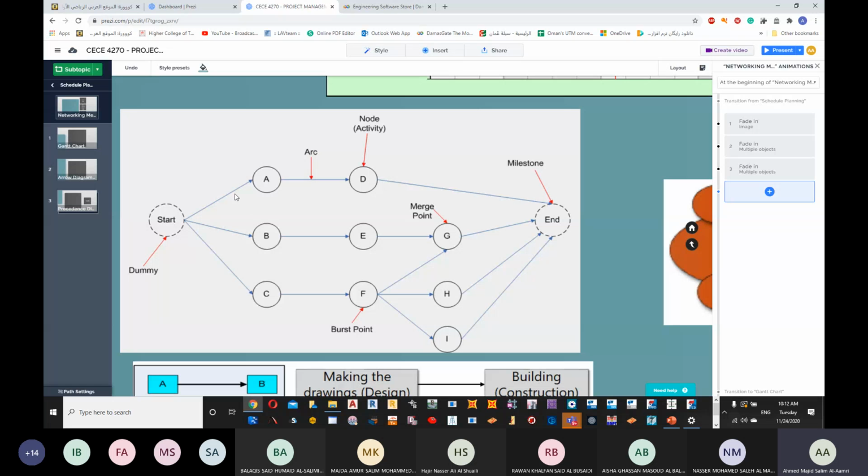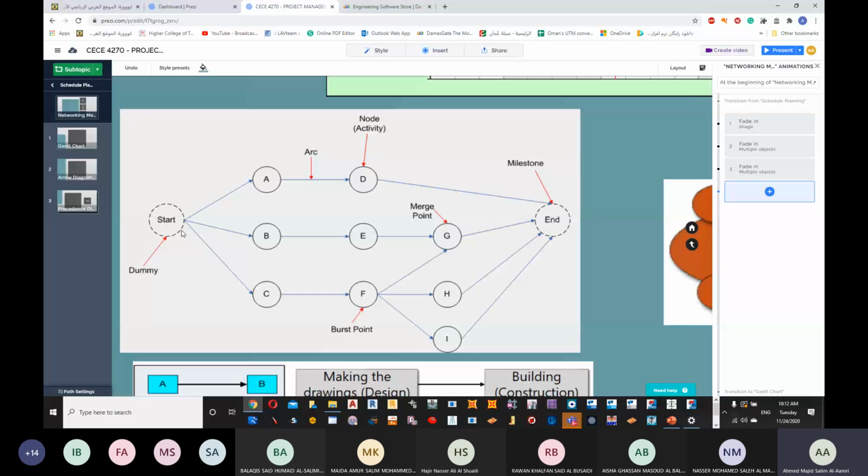So the ADM came and showed the relationships. In the Gantt chart, we said it's very hard for me to find the critical path. So in the ADM, it was easier to find the critical path. Now, if we know the disadvantages of the ADM, then we'll know what the advantages of the third method are, which is the PDM. Okay.